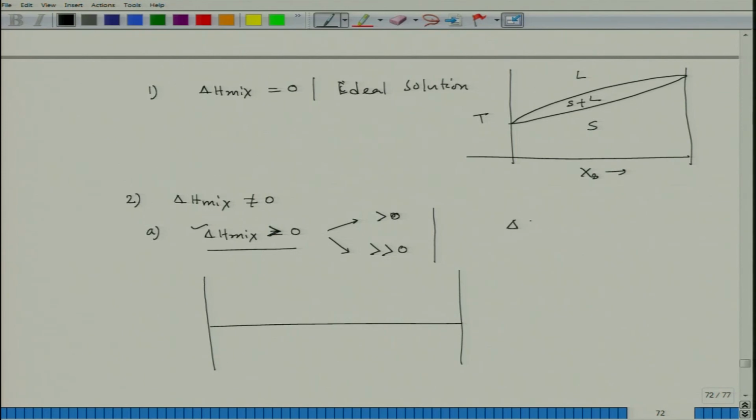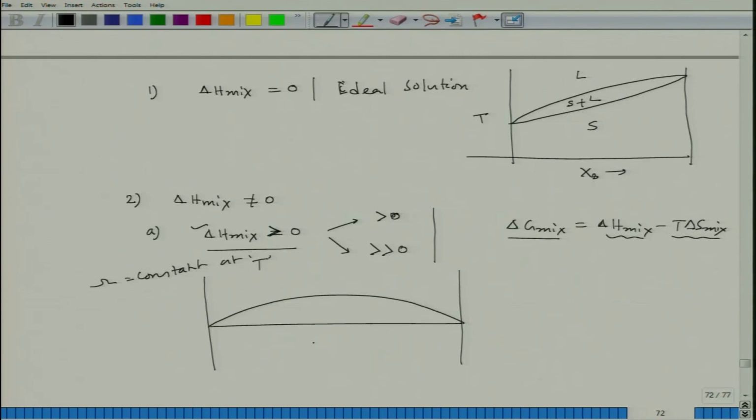So, that means ΔGmix would have effect from both ΔHmix as well as minus ΔHmix. Since this is slightly positive, I can write it like this, and that time we are considering this is constant at temperature T, where we are considering this particular plot. This is ΔHmix, and minus ΔHmix will be always negative.